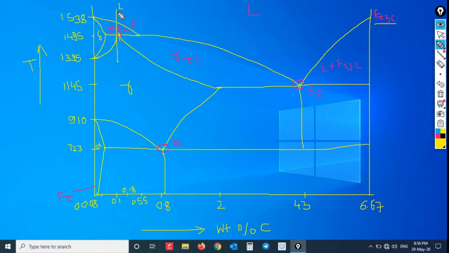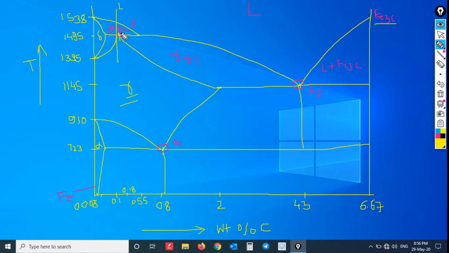When you try to cool this, after solidifying, the delta iron starts to precipitate out. So you can see that between this region there is delta plus liquid, one liquid and one solid. After that it converts into one solid, that is called austenite.